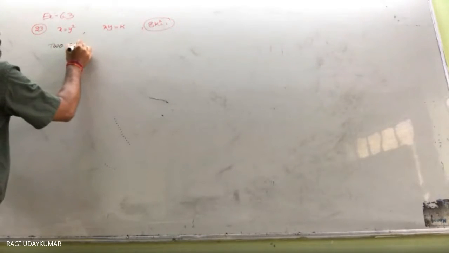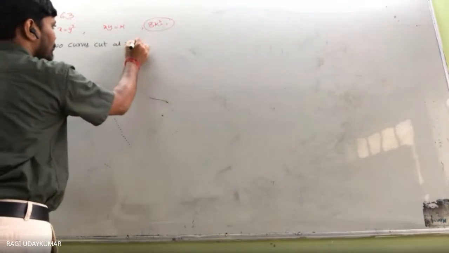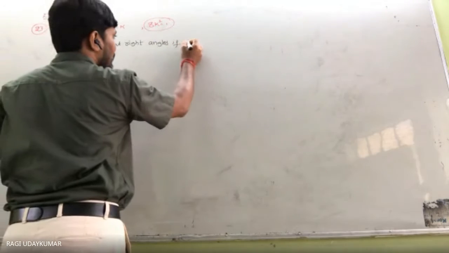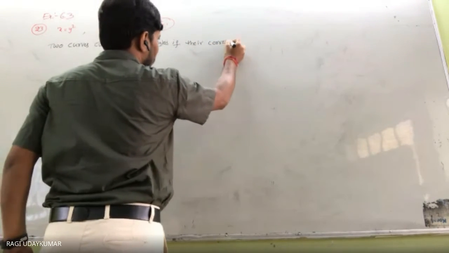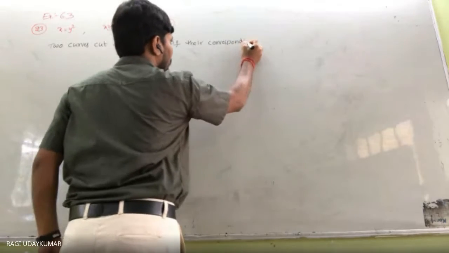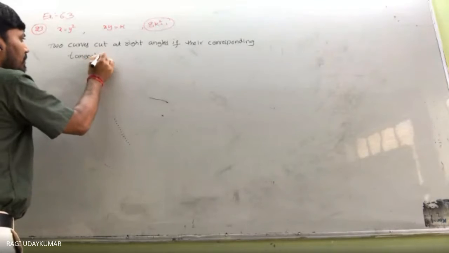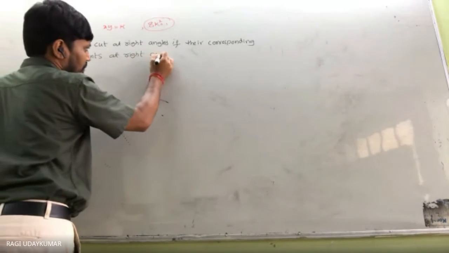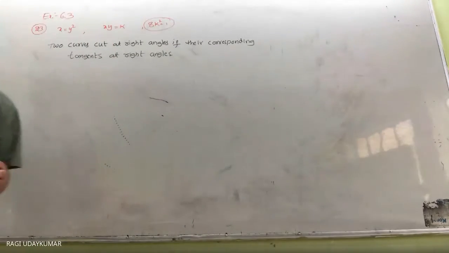Two curves cut at right angles if their corresponding tangents are at right angles.